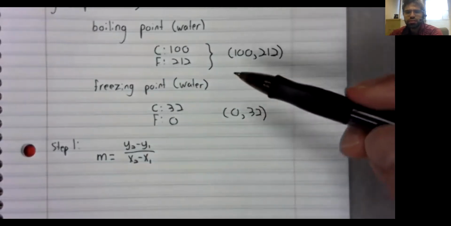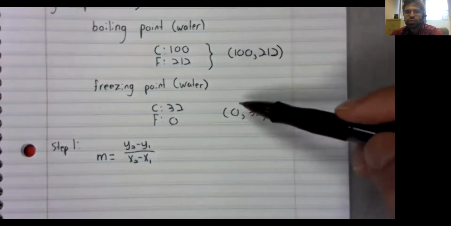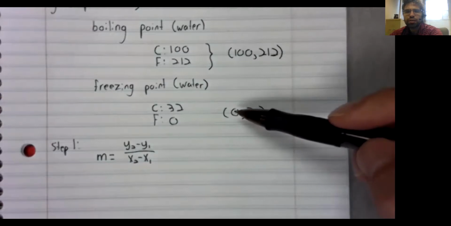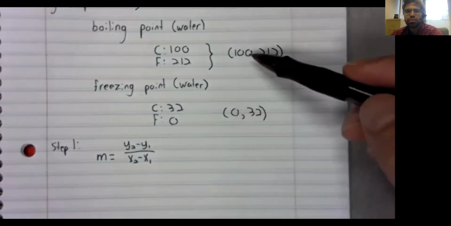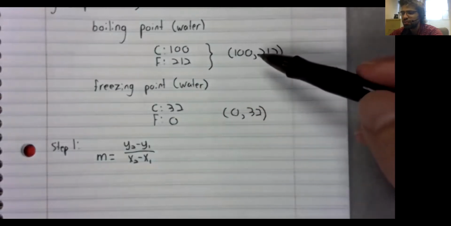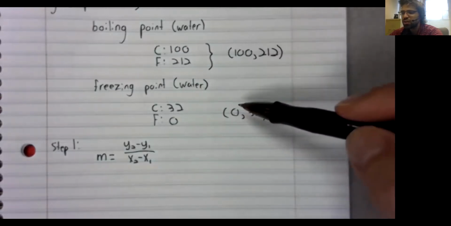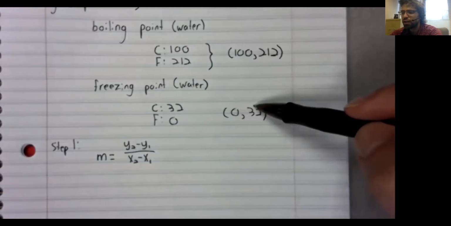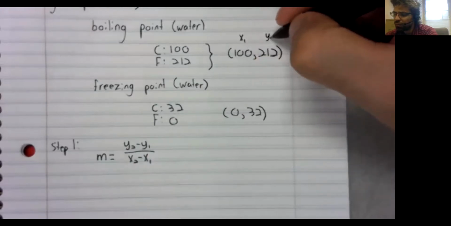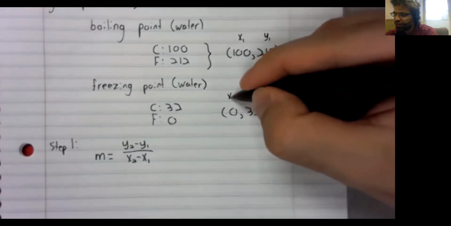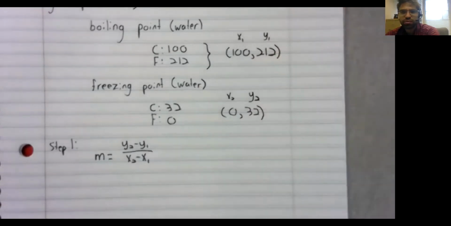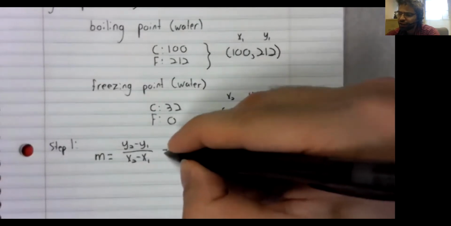Just as with the distance formula, I know I've mentioned this before, but it does not matter which of these you select to be x1, y1, and which of these you select to be x2, y2. I think I'm going to make this x1, y1, and this x2, y2, but I selected that at random.